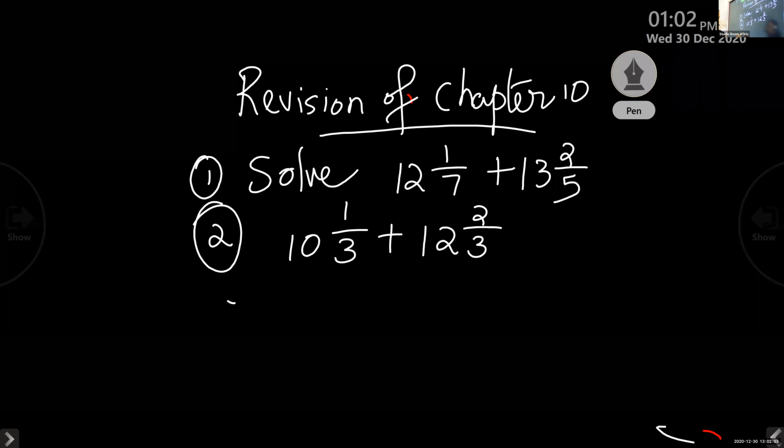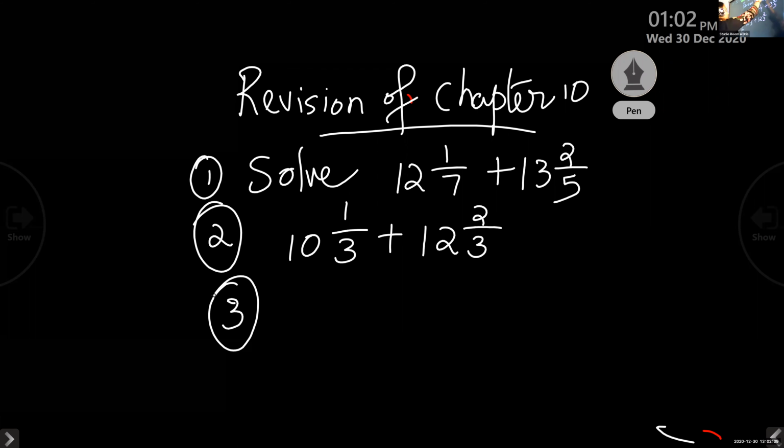Now next one, question number 3 is subtraction. 4 and 1 by 3. Same, addition and subtraction is same. First what you have to do, you have to convert into improper.